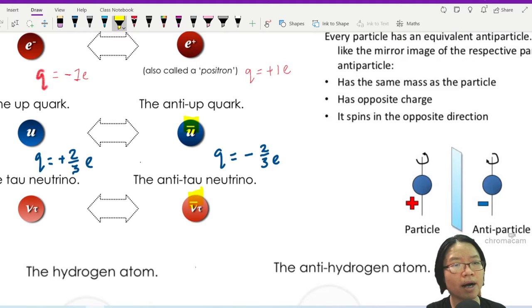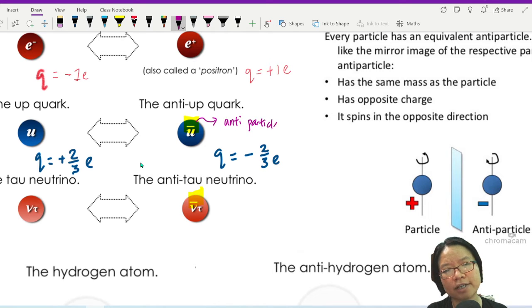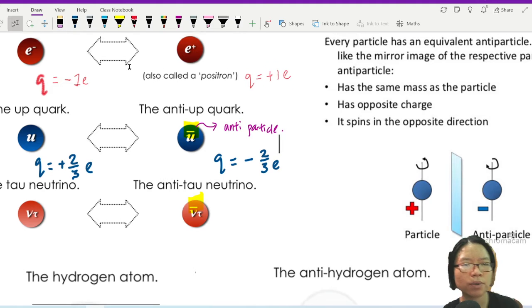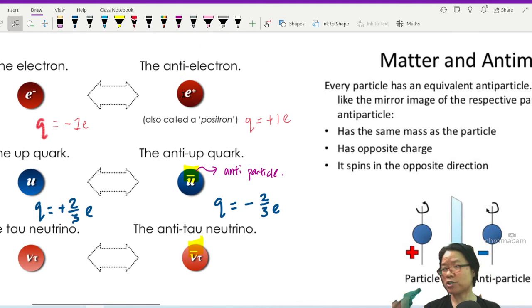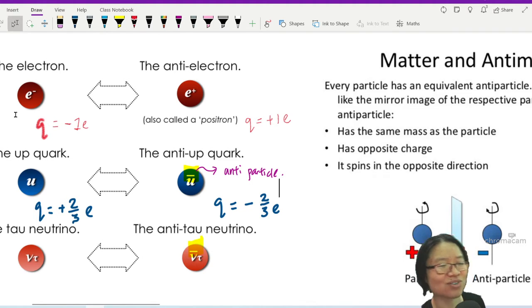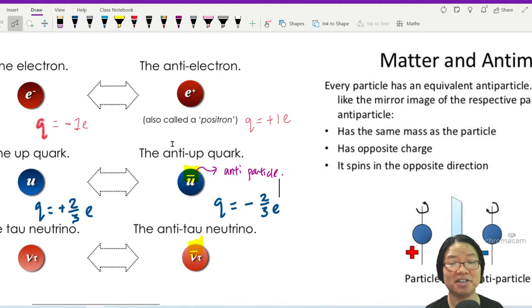Whenever there is a bar, it shows you that it's an antiparticle. Some people may be thinking, Lisa, why doesn't this electron have one? Well, this e plus is special. It's one of the first fundamental particles, so it gets the honorary founding member status. So this one has no bar, but all of the others have a bar.